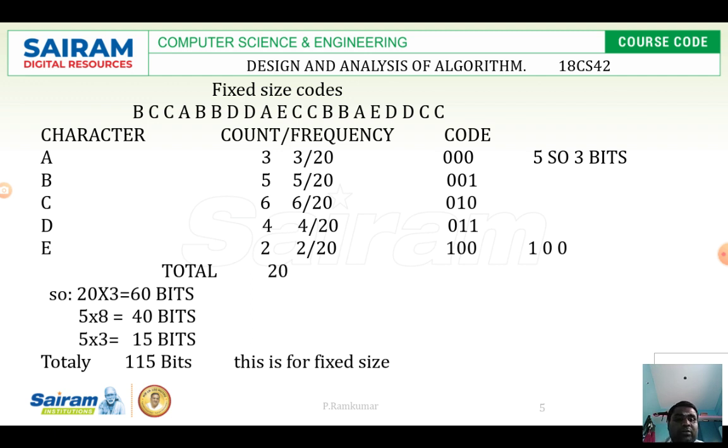Now, when I compute the total number of bits required for data transmission, it is 20 into 3, 60 bits, because I am going to represent each alphabet by a 3-bit code.